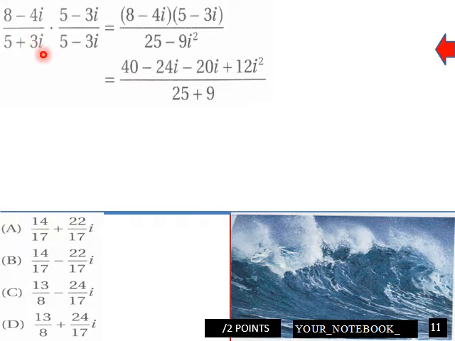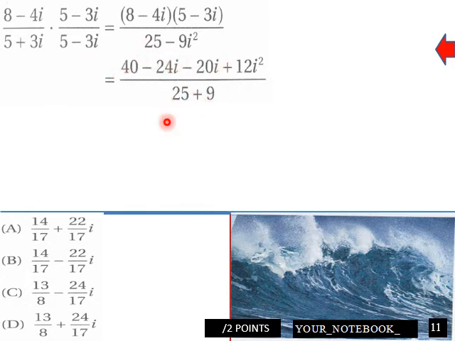So if we do that, 5 minus 3i over 5 minus 3i, we get this expression when we FOIL these two binomials. We get this in the bottom. We do the same thing down here: 25 minus 9i squared. This becomes 25 plus 9, which becomes 34.